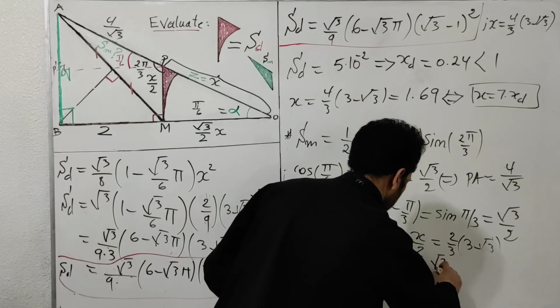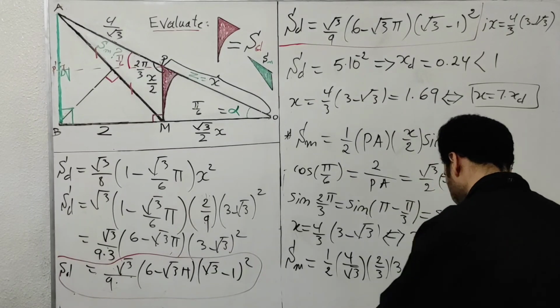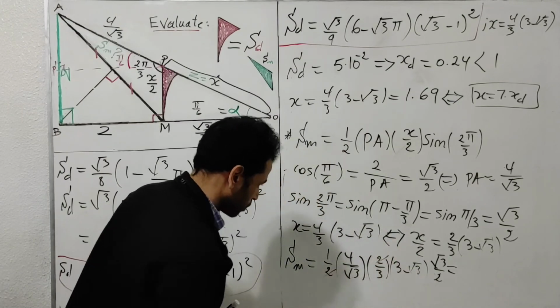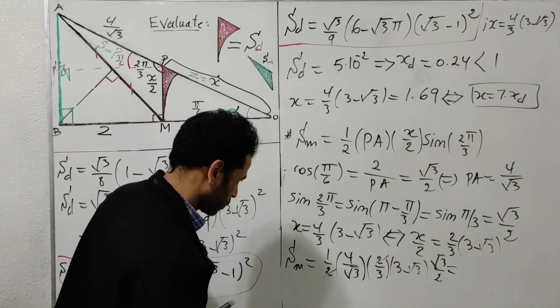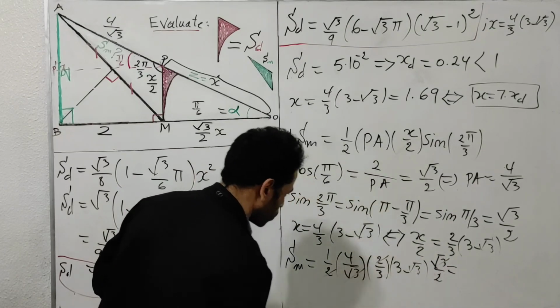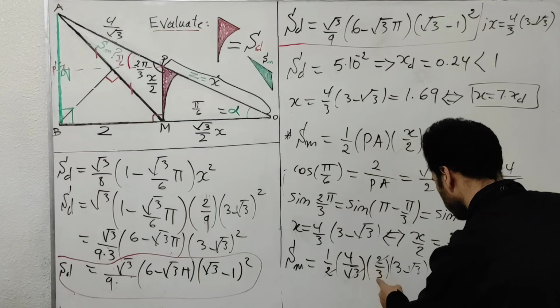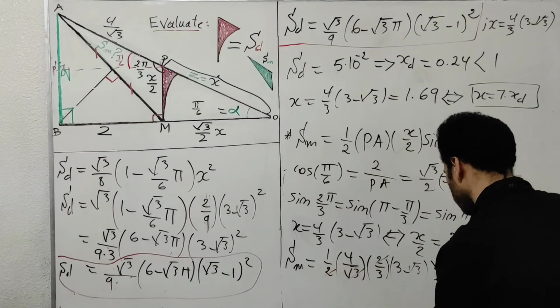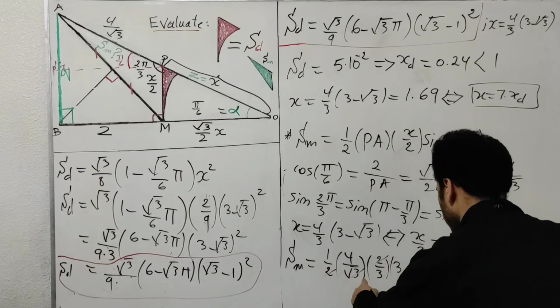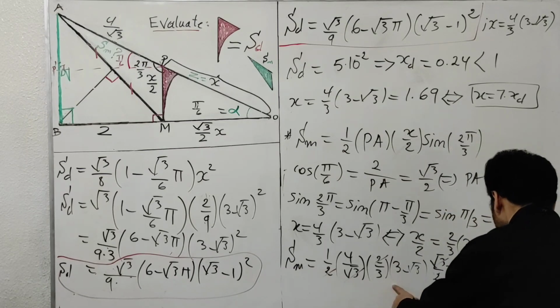By simplifying, these two cancel out with these two, then this square root of 3 cancels out with this square root of 3. Furthermore, I'm going to take this 3 outside of this expression. I will get 4 over 3 multiplied by 3 minus square root of 3.